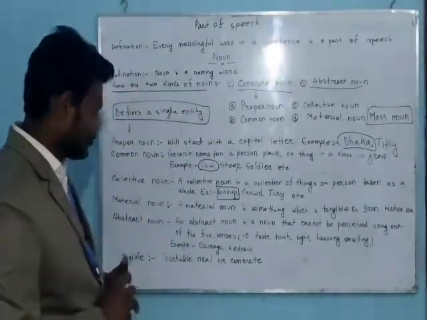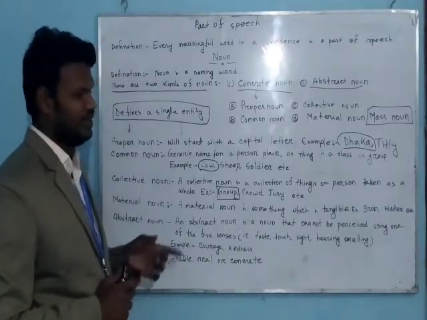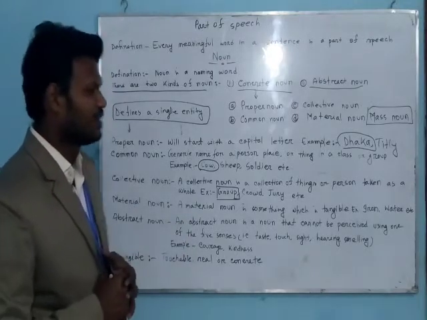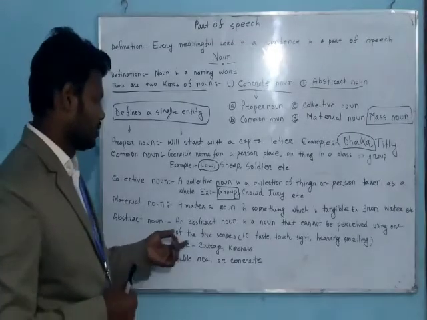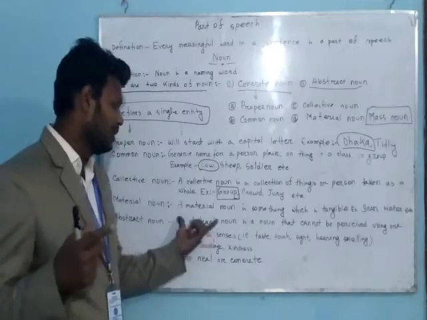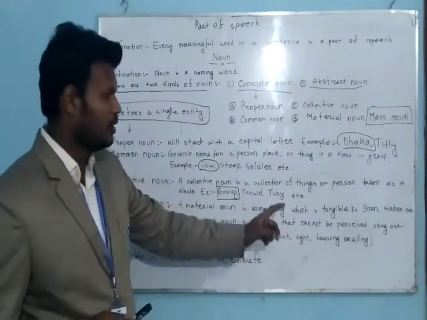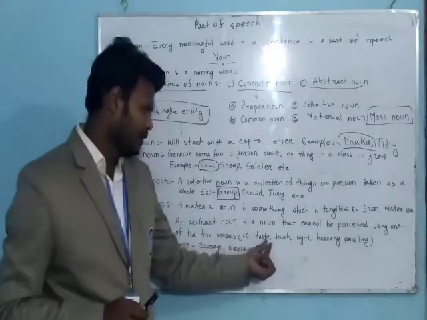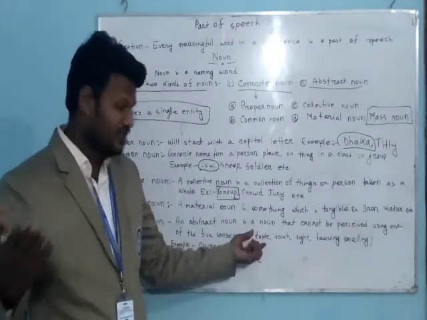The last one is abstract noun. An abstract noun is a noun that cannot be perceived using one of the five senses. Look: taste, you can't taste it.